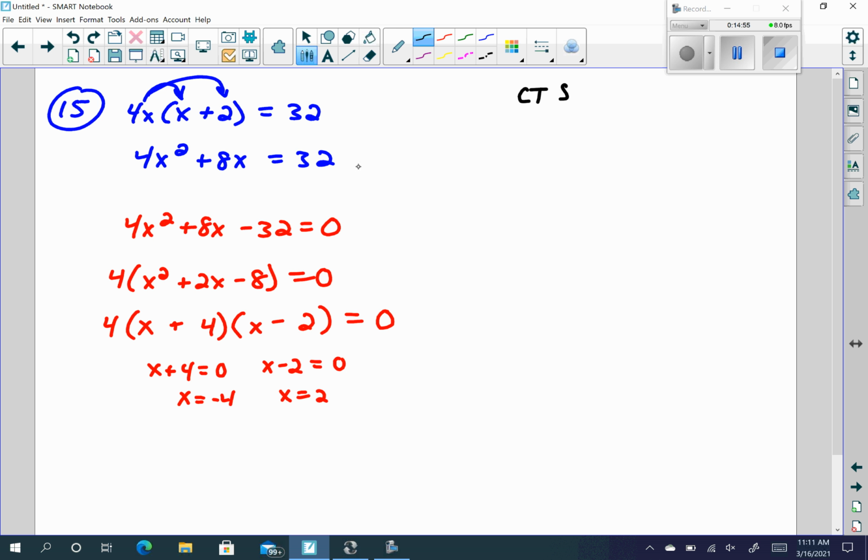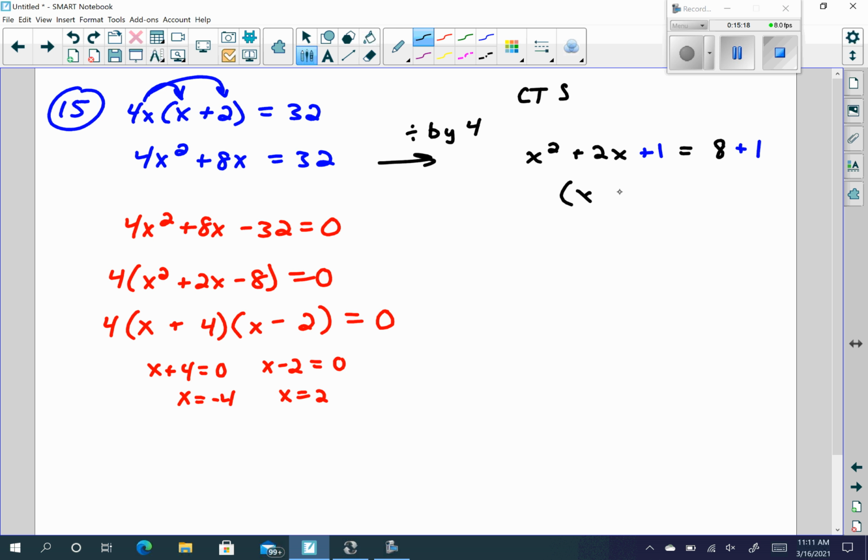We could have also done completing the square from this line right here. We could divide everything by 4, right? So when we do that, we'll get x squared plus 2x equals 8 on this side. So half of 2, we're going to add what to each side? Half of 2 is 1. 1 squared is 1.